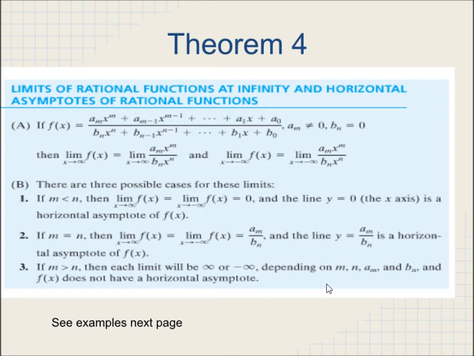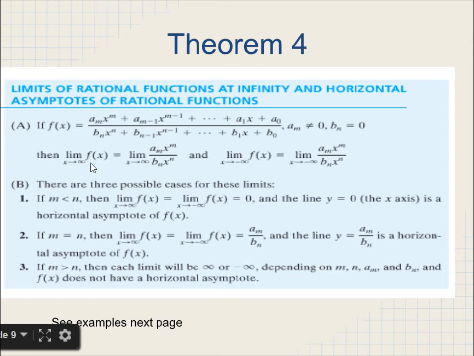This is the fourth theorem, limit of rational function at infinity and horizontal asymptote of rational functions. So a function f(x), which has a numerator polynomial and denominator polynomial, where am is not equal to 0 and bn is not equal to 0.